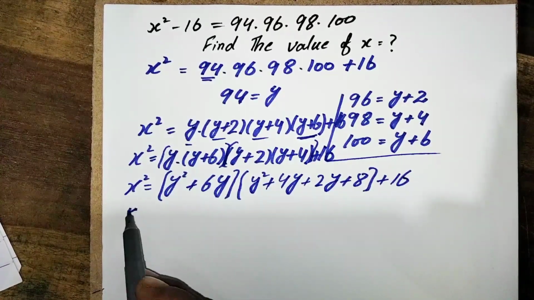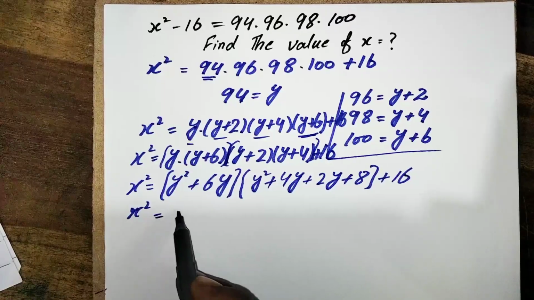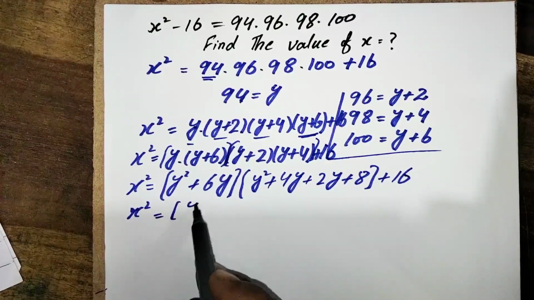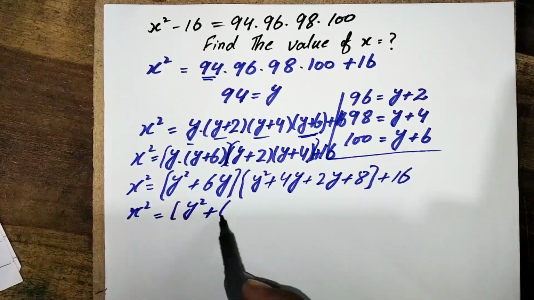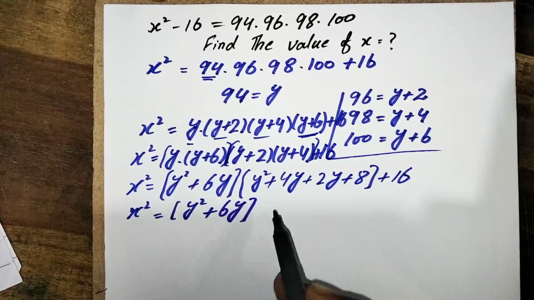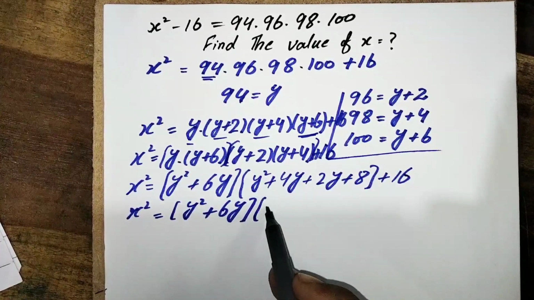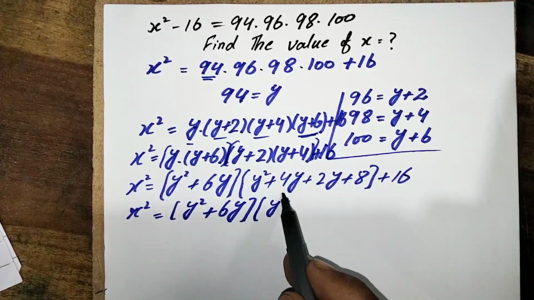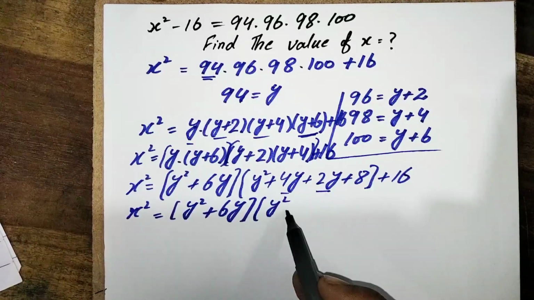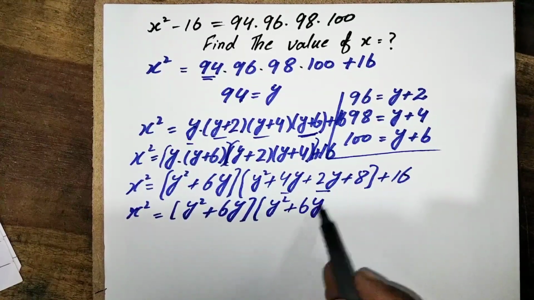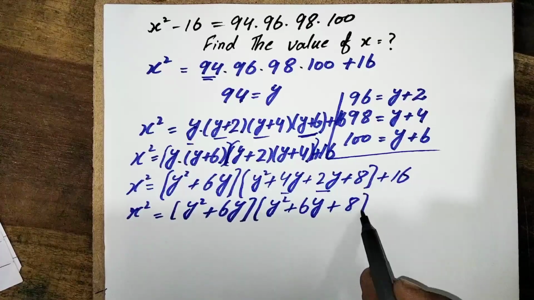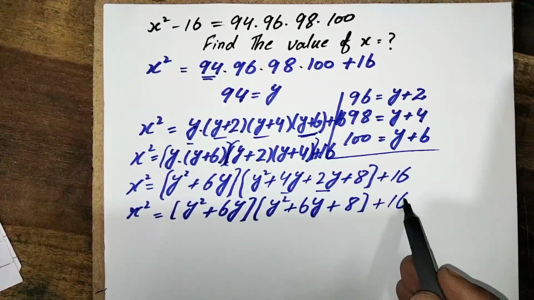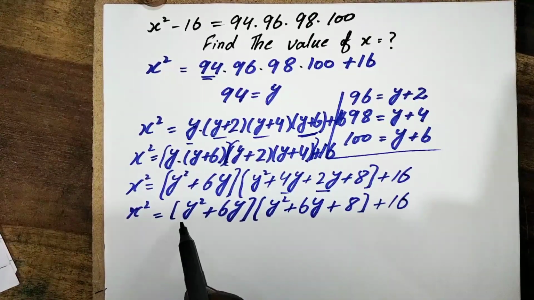Now x square is equal to y square plus 6y, and this becomes y square plus 4y, and plus 2y is equal to 6y plus 8 plus 16.